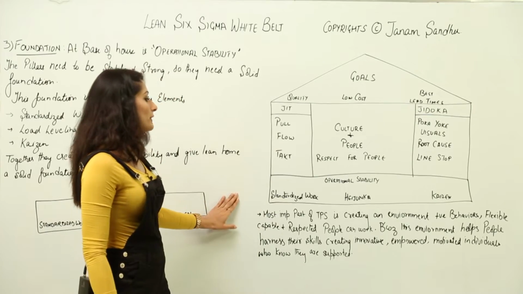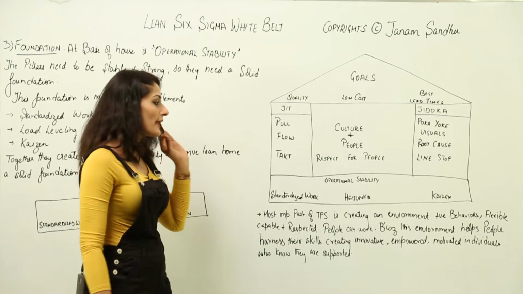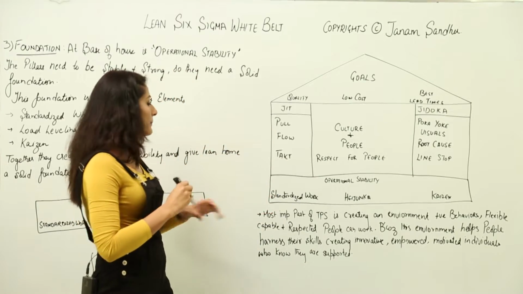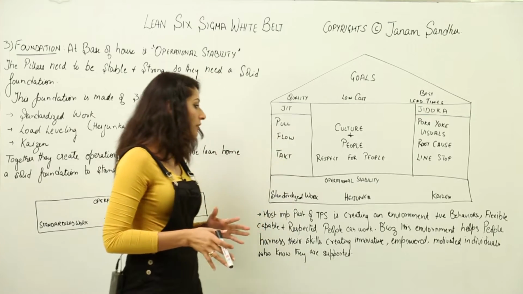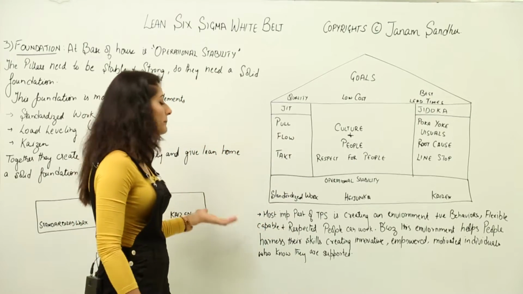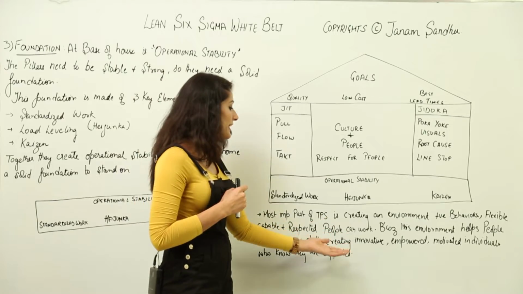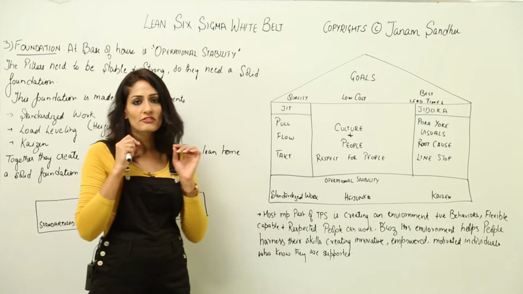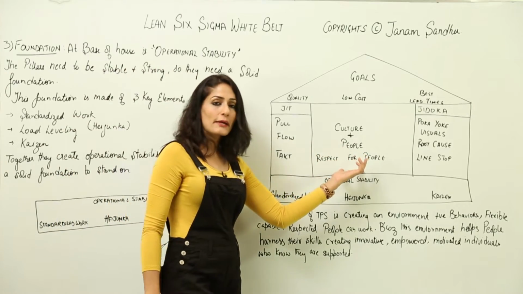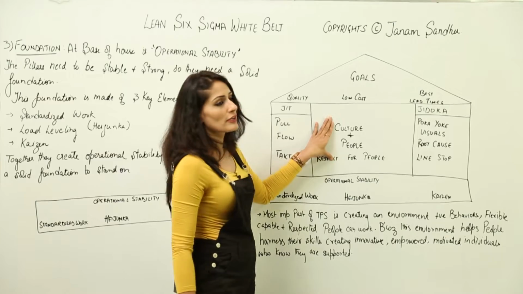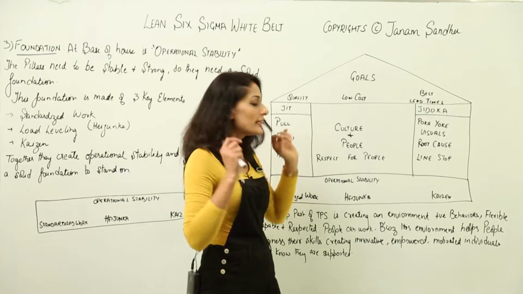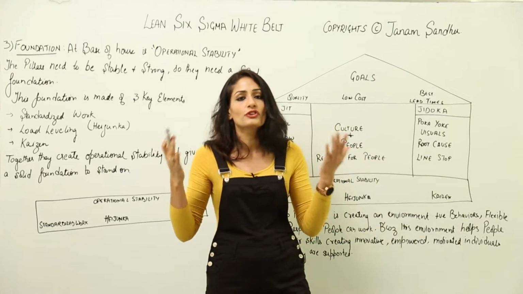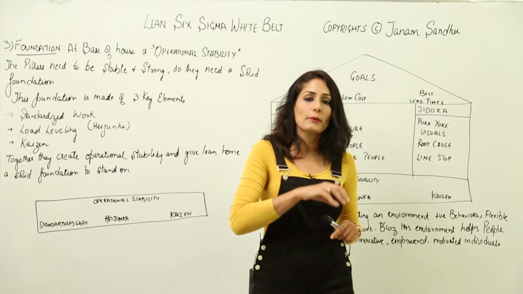The most important part of TPS is creating an environment where positive behaviors, flexible, capable and respected people can work, because this environment helps people harness their skills, creating innovative, empowered, motivated individuals who know that they are being supported. So this core is very important, and only because you have this kind of culture and behavior can Kaizen and continuous improvement flourish in your organization, and you are actually implementing Lean.